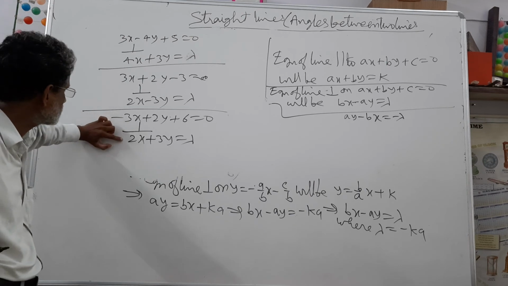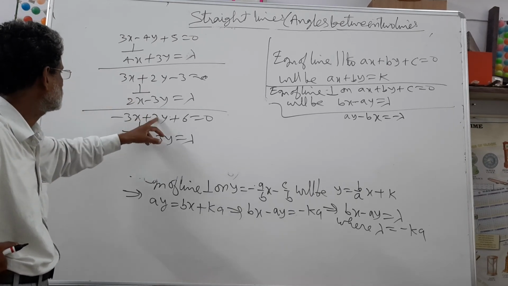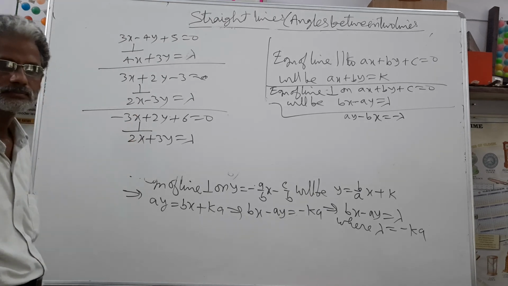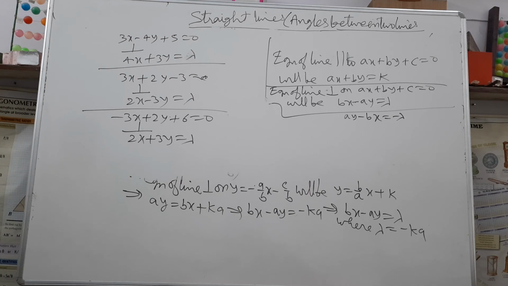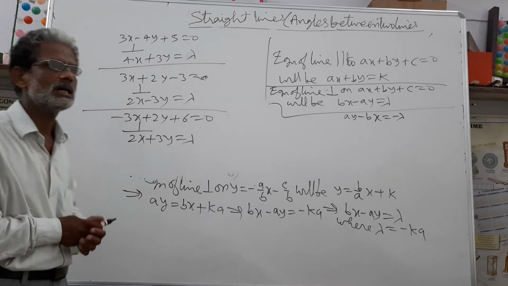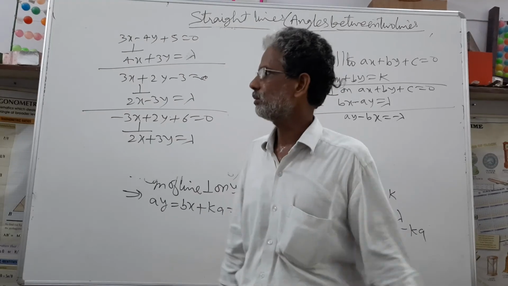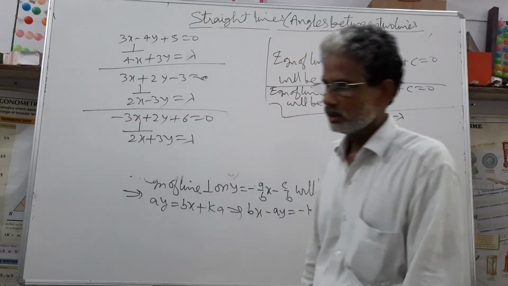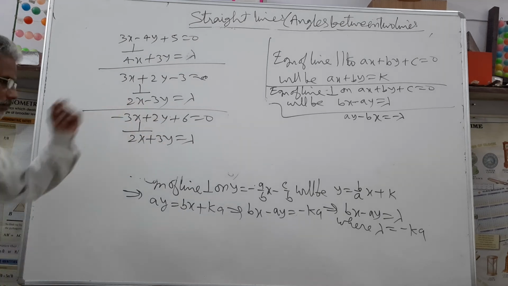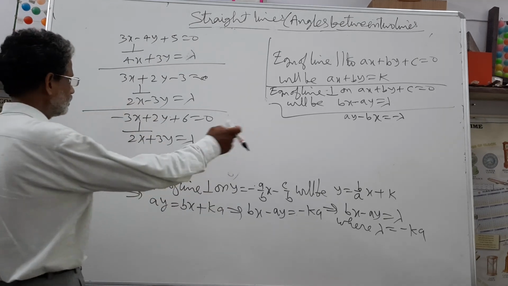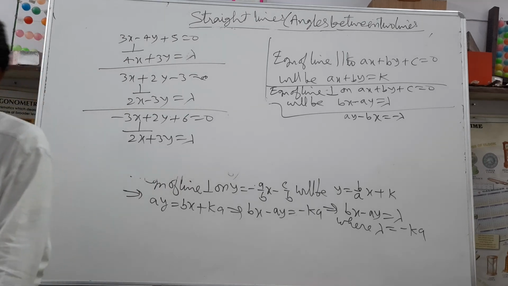Minus becomes plus. There is no other change. Coefficients are interchanged. Clear? In this way, you can write the equation of any line parallel or perpendicular to a given line, and with another given condition you will find the value of lambda, then put the value of lambda and your required equation will be obtained. Thank you.